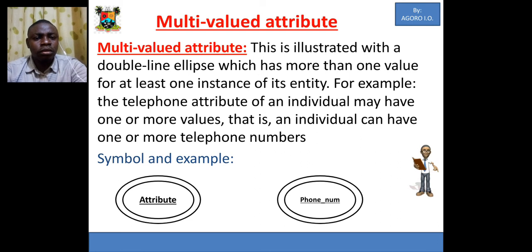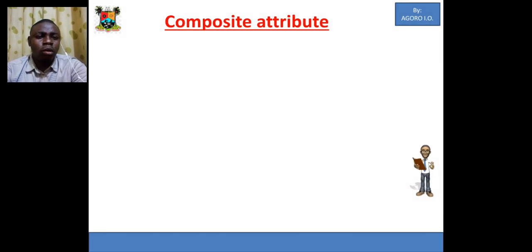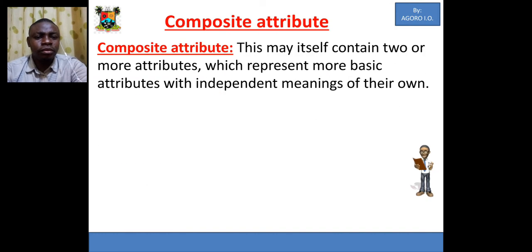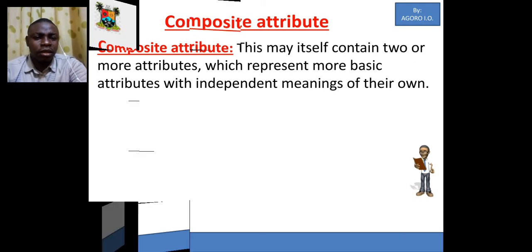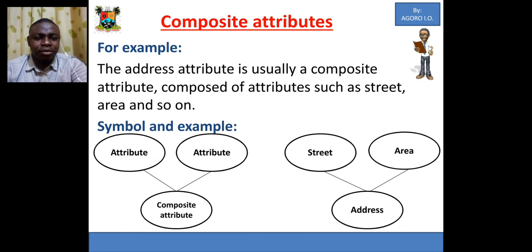What do you understand by composite attribute? This may itself contain two or more attributes which represent more basic attributes with independent meaning of their own. For example, the address attribute is usually a composite attribute composed of attributes such as street, area, and so on. The symbol below represents composite attributes.